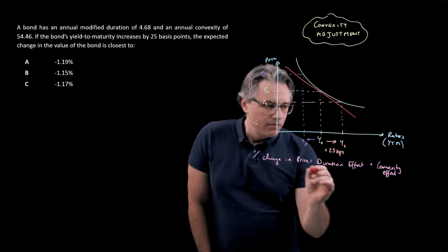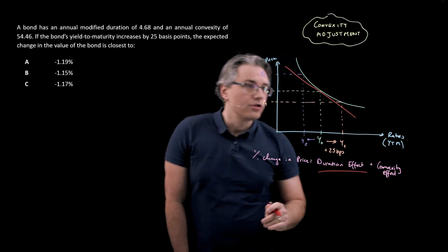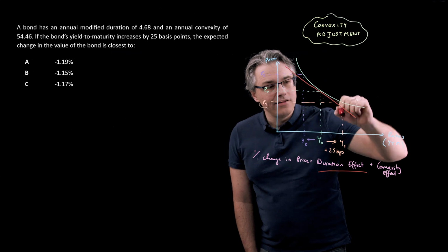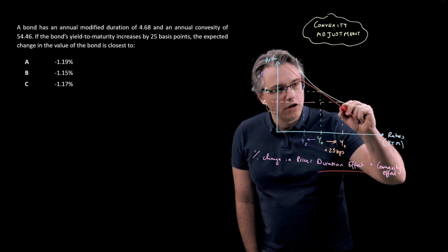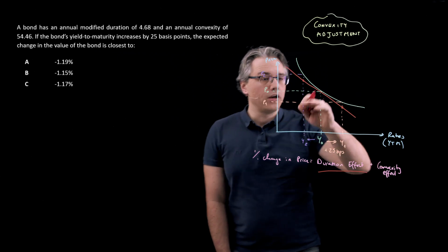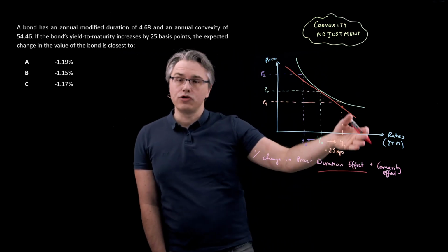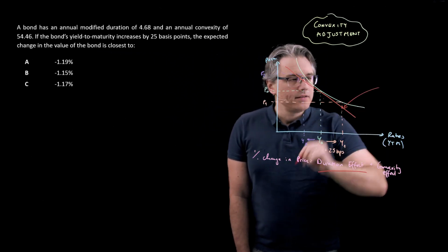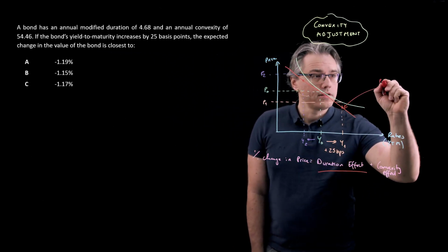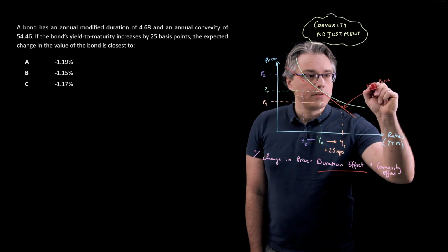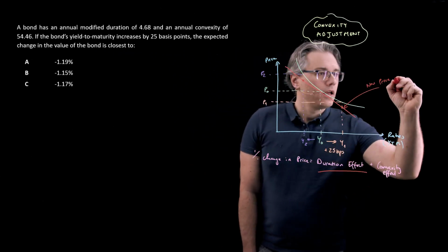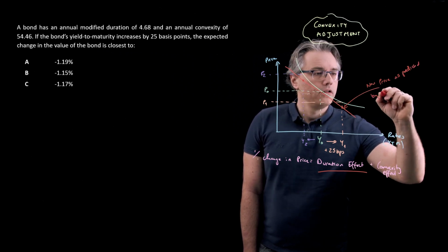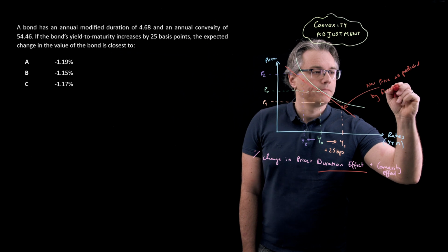So when you compute the expected change in bond price due to the duration effect alone, you're going to end up over here in terms of the forecast price change or new price. So let me say that this is the new bond price, as forecast by duration effect alone.